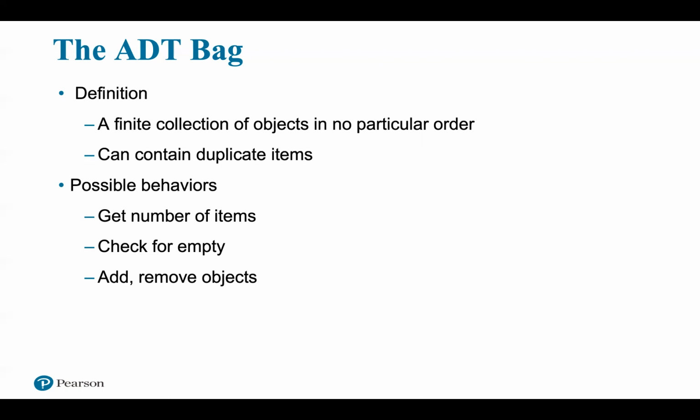For example, a paper bag holds things of various dimensions and shapes in no particular order and without regard for duplicates. Our abstract bag will hold unordered and possibly duplicate items, but let's insist that these objects have the same or related data types.